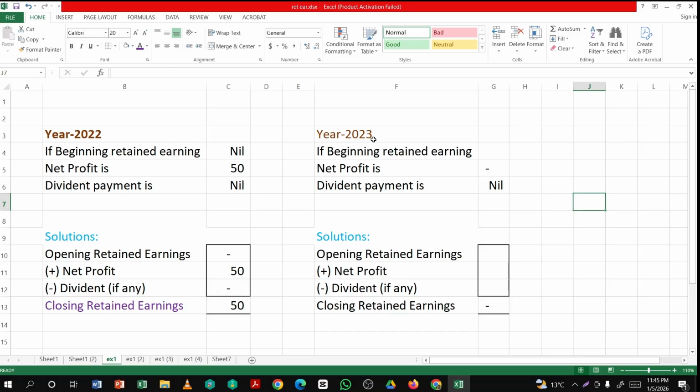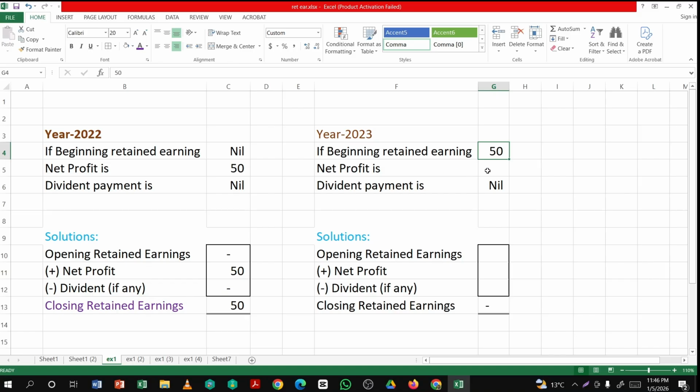Year 2023, the closing 2022 retained earnings of 50 is the beginning retained earnings of 2023.